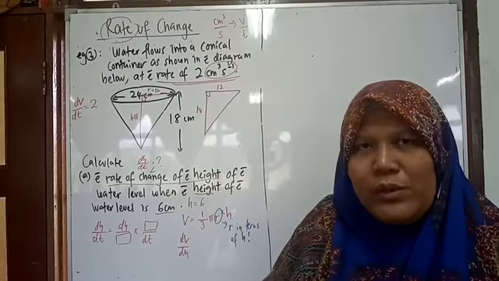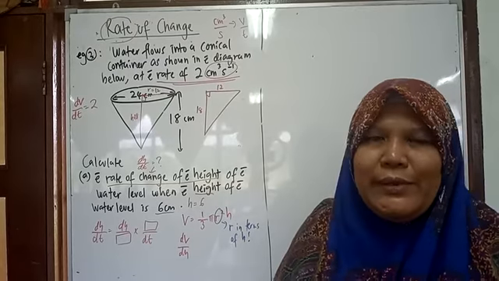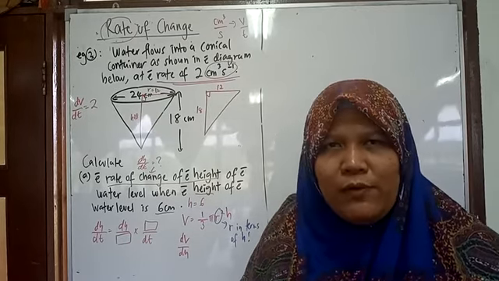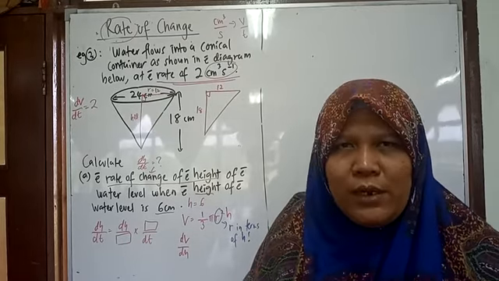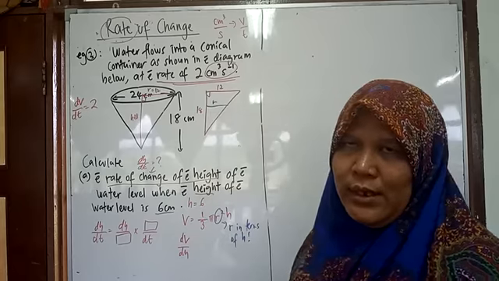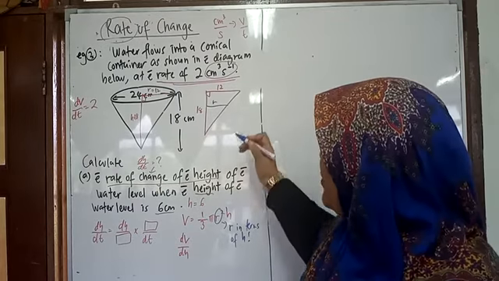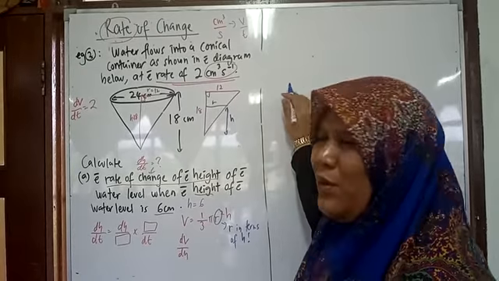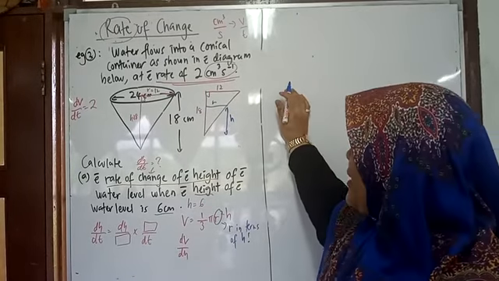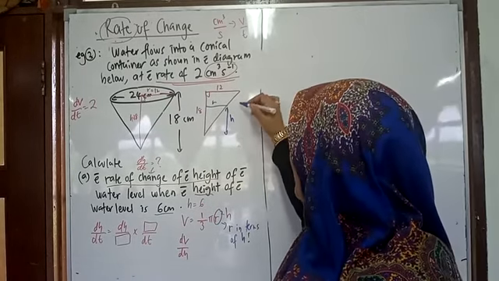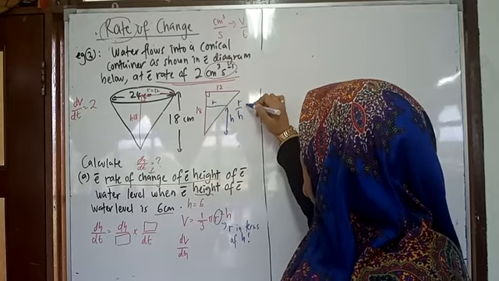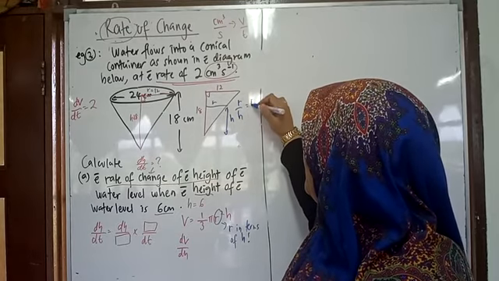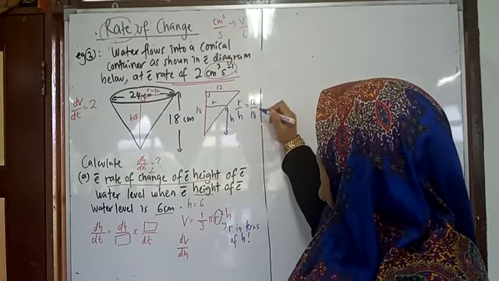When we want to relate radius and height, we need to use the concept of ratio. Let's say we have a radius whose value we don't know at this height. Based on the ratio concept, r over h equals 12/18.